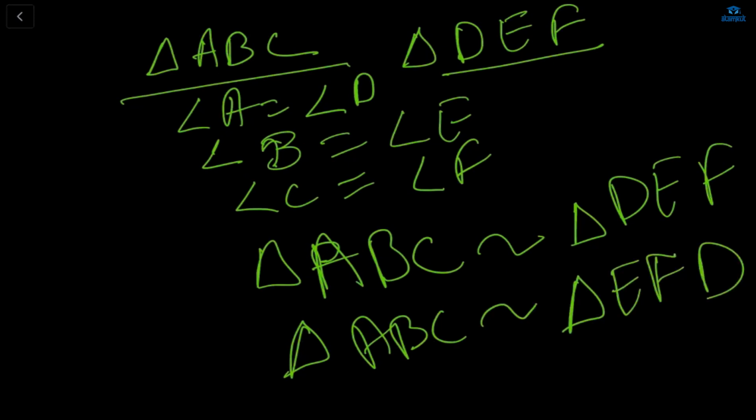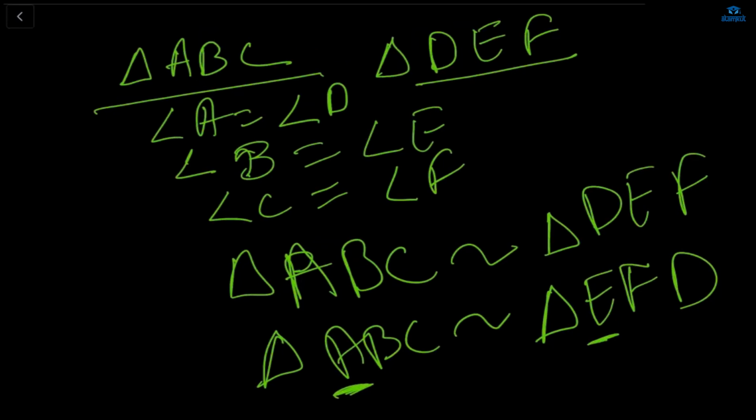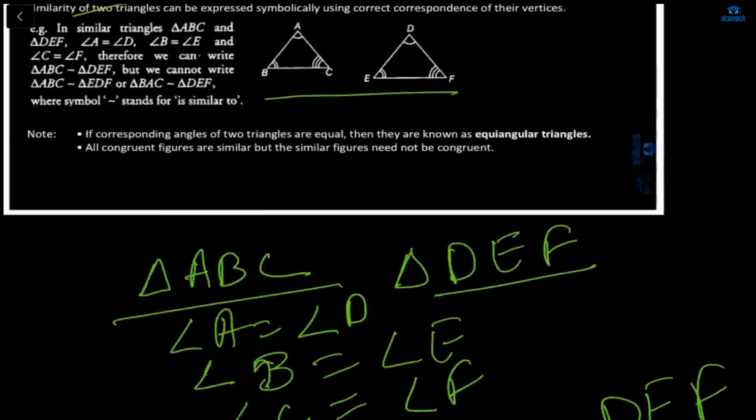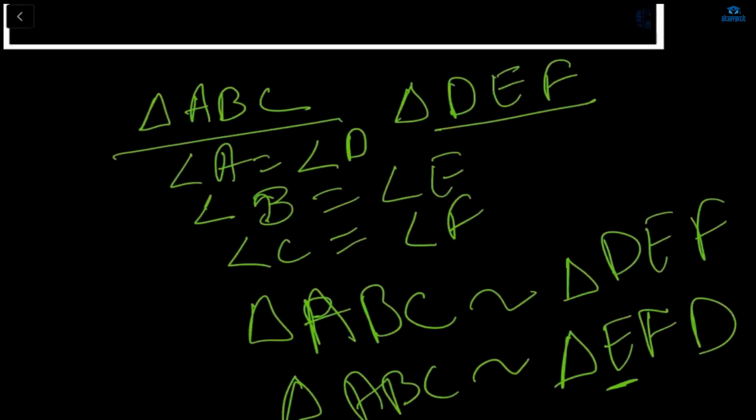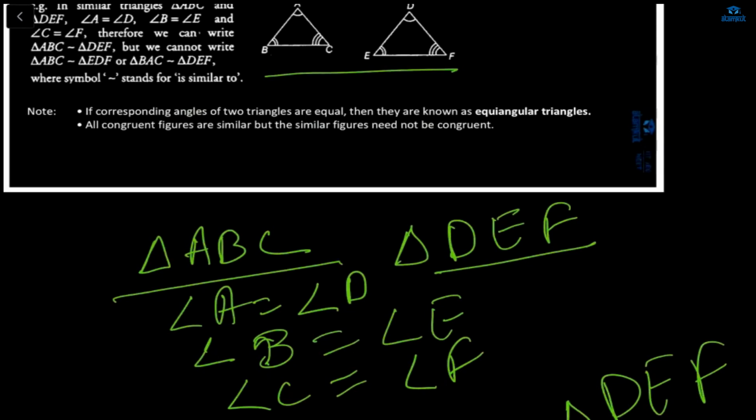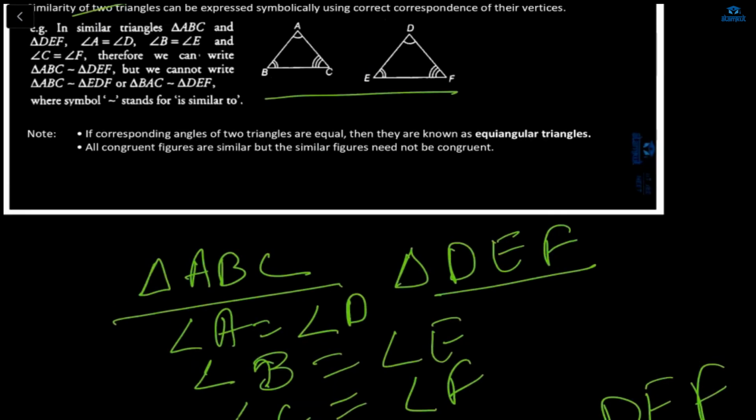You're going to mention the same angles with the same angle, like angle A is equal to angle D. So when you are mentioning the triangle, you are going in the same clockwise or same anti-clockwise direction. You cannot switch it. If you're going ABC, then you have to go DEF also. You cannot write EFD. Remember that when you are writing that they are similar.